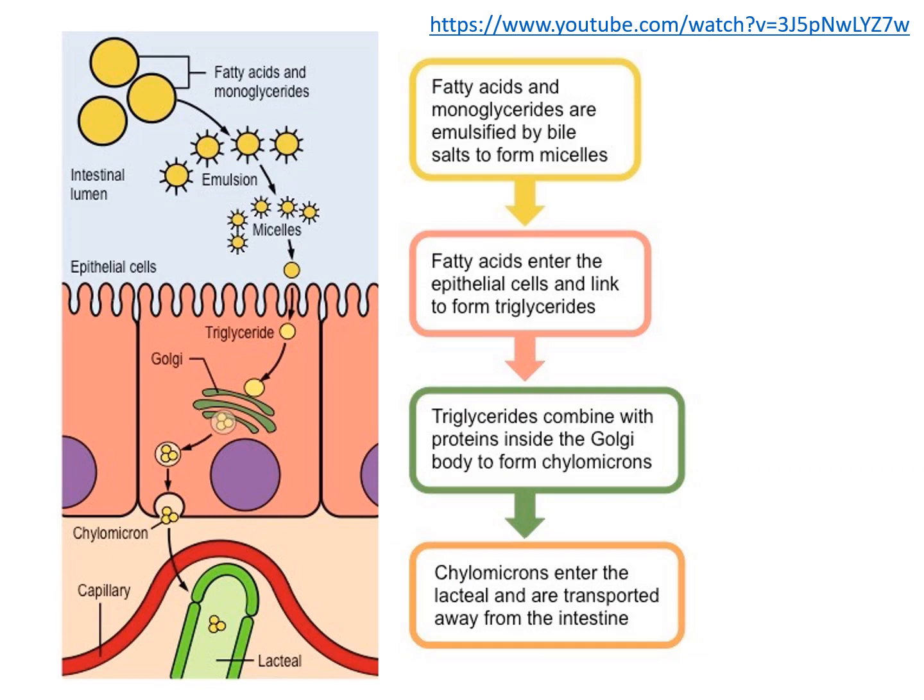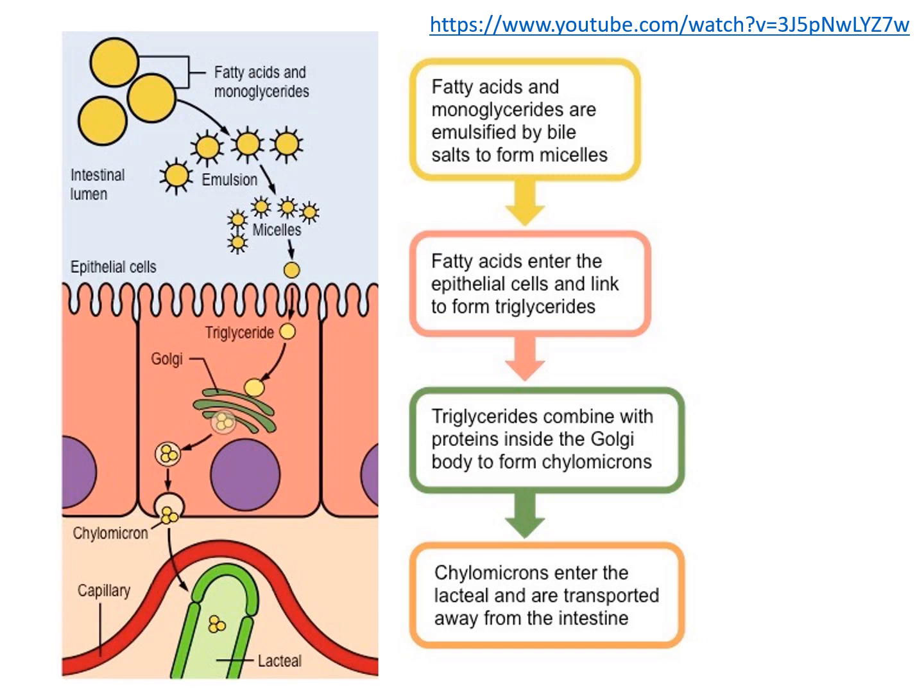So I like this image, and I even have a video for you guys to watch as well for fat metabolism and absorption. This picture is really good to show you how we break down all those fatty acids and monoglycerides, and they come back together in the cell to become a triglyceride again.